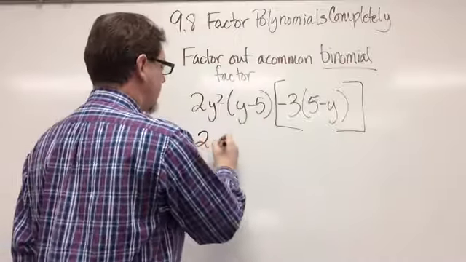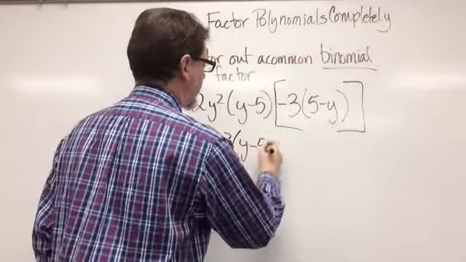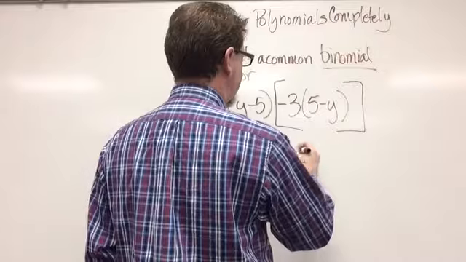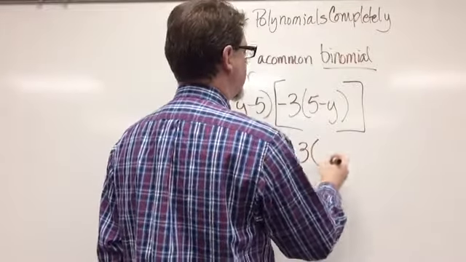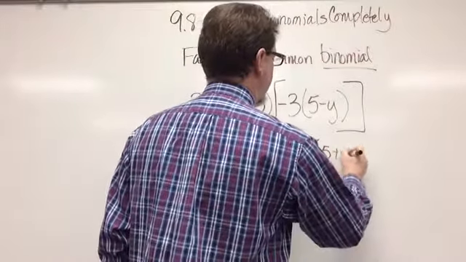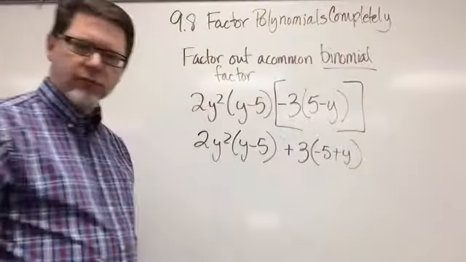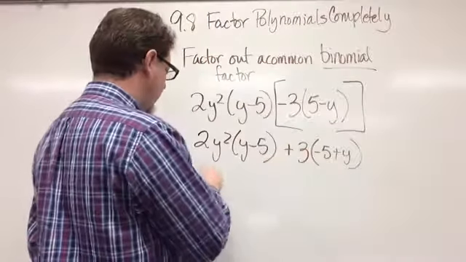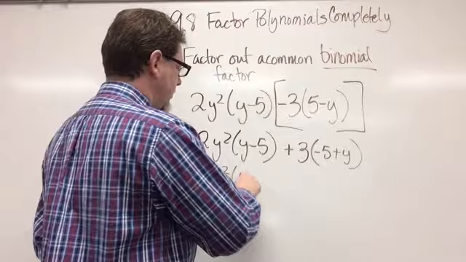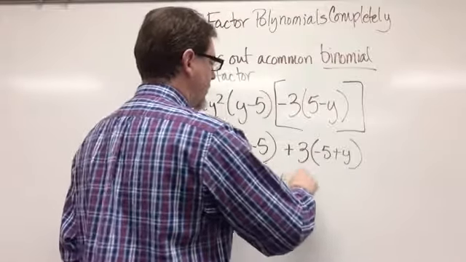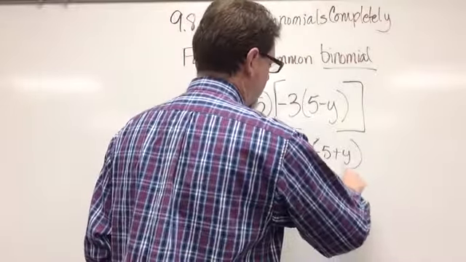So I have 2y squared times quantity of y minus 5 plus 3 times the quantity of negative 5 plus y. And then I'm going to switch that around to 2y squared times y minus 5 plus 3 times y minus 5.